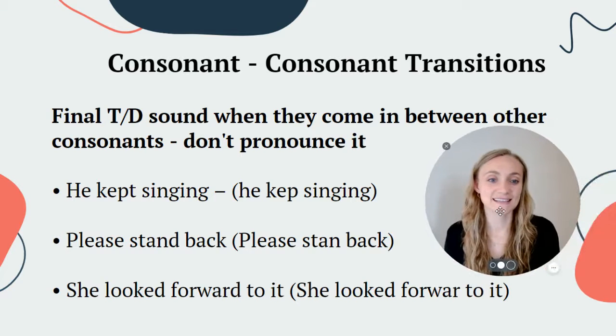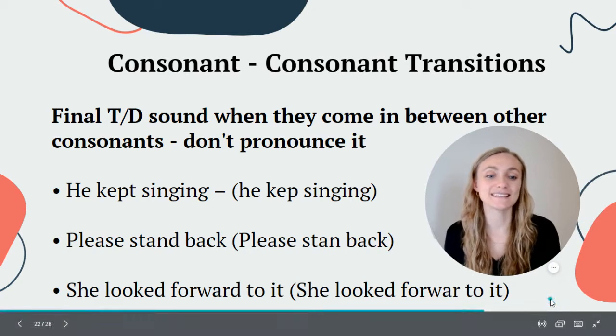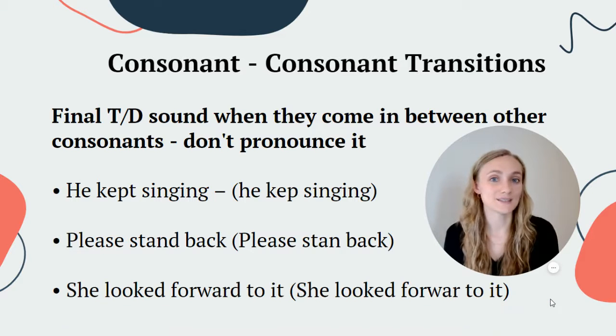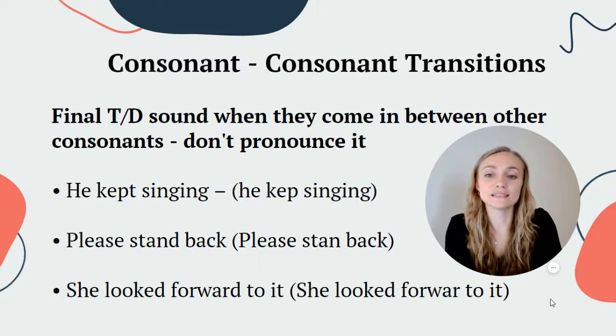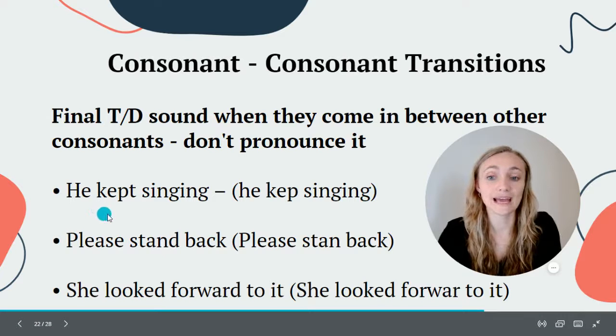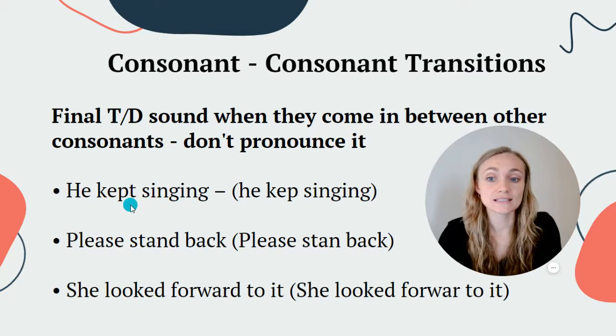Next, this is a fun one because it makes things easier to pronounce as well. So when we have the final T or D sound at the end of a word and it comes in between other consonants, we actually don't have to pronounce that sound. So for example, if I hear kept singing, this T is in between two consonants.